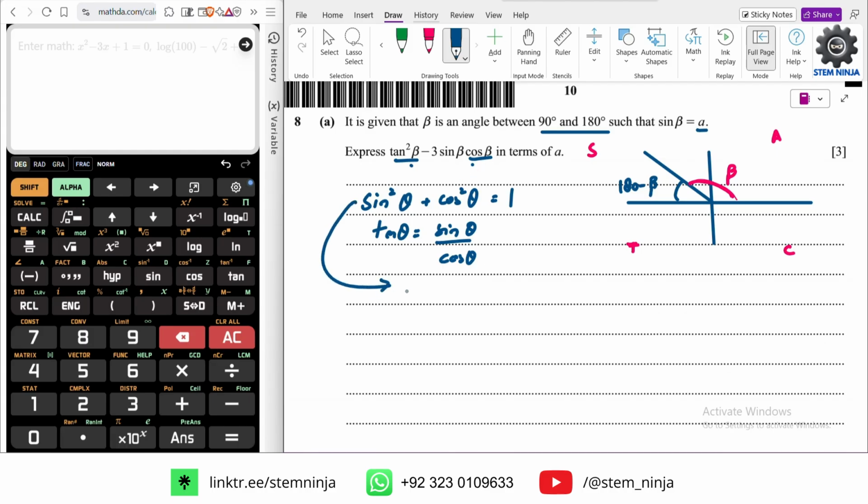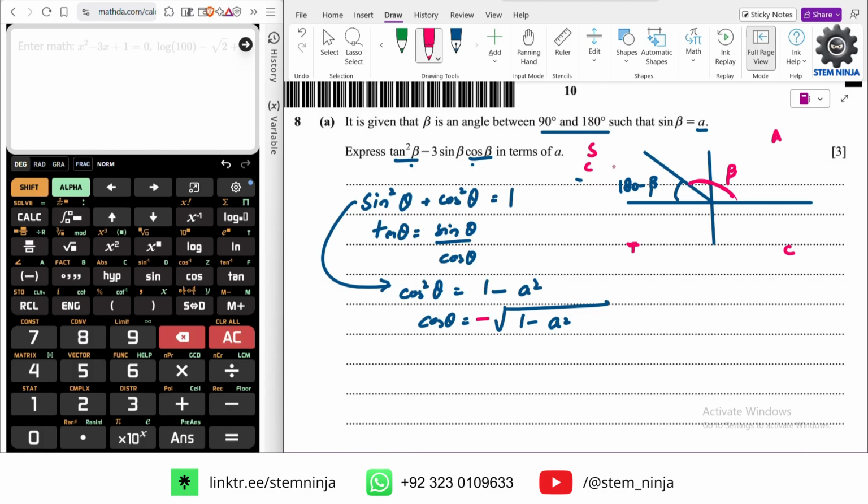So cos squared theta would be 1 minus A squared. So therefore cos theta would be the square root of 1 minus A squared. And since it is in the second quadrant, it has to be negative, right?